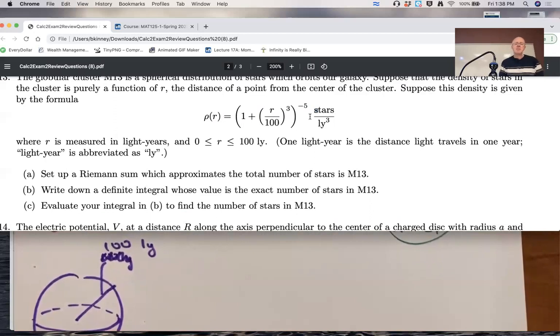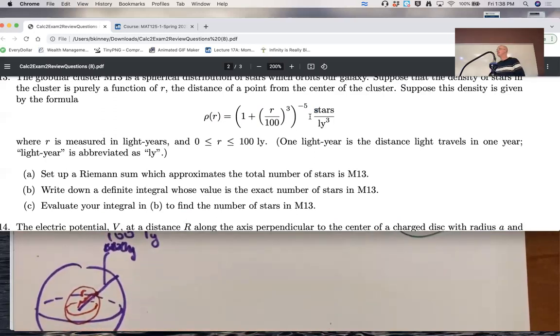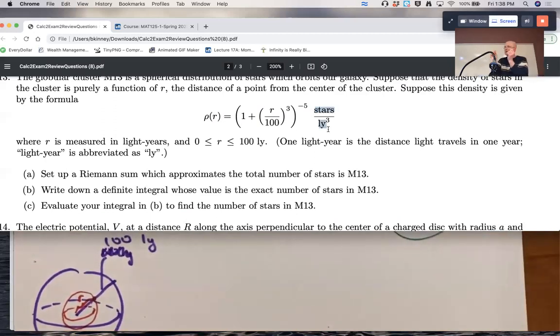The assumption in this problem is for any given radius between 0 and 100, say right here, that the corresponding sphere that you could create with that radius, if it has a tiny bit of thickness at least to it, we could multiply the density of stars per cubic light year times the small volume of the thin shell of a sphere.